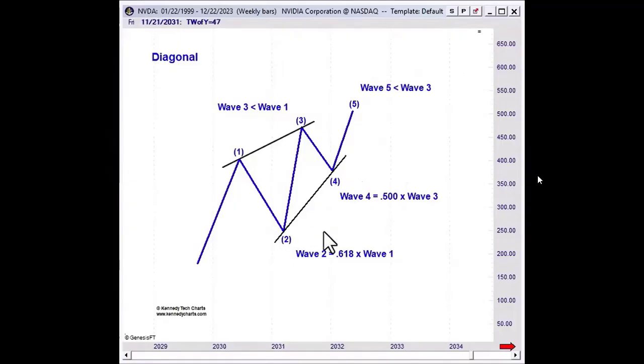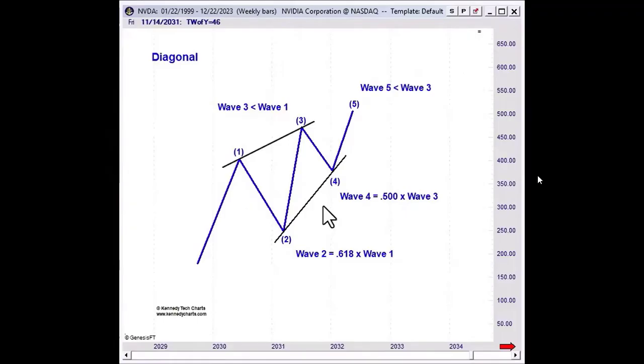But as far as the rules and guidelines of the wave principle and what R.N. Elliott set forth, we'd like to see wave 3 be shorter than wave 1, and then on the 4th wave pullback, that's going to be about a 50% retracement of wave 3, and then we see wave 5, and of course wave 5 is going to be shorter than wave 3. So that way we have 3 shorter than 1, 5 shorter than 3. This allows us to draw these converging trend lines between 1 and 3 and the 2-4 extremes.